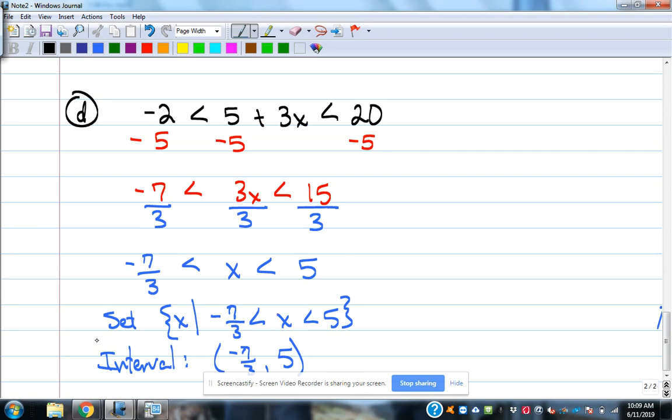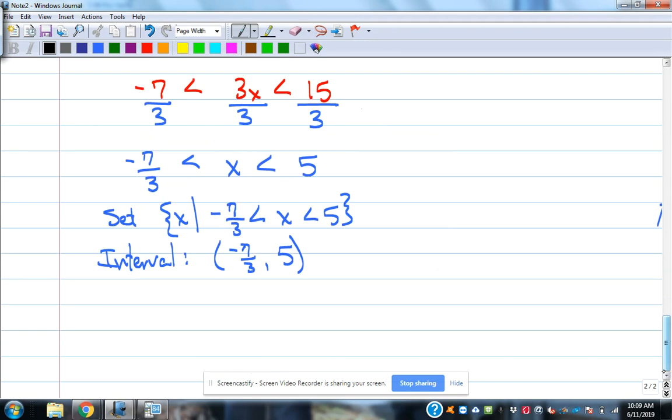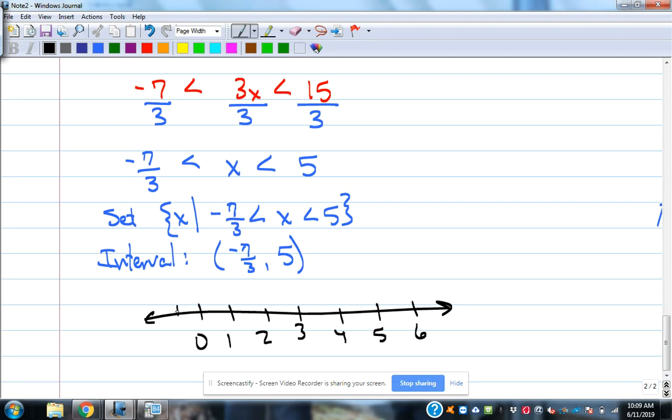The graph is not much harder. Okay. Because it's a mix of fractions and regular numbers, what I would do is I would draw me a number line. I know 5 is here, 6, 4, 3, 2, 1, 0, -1, -2.